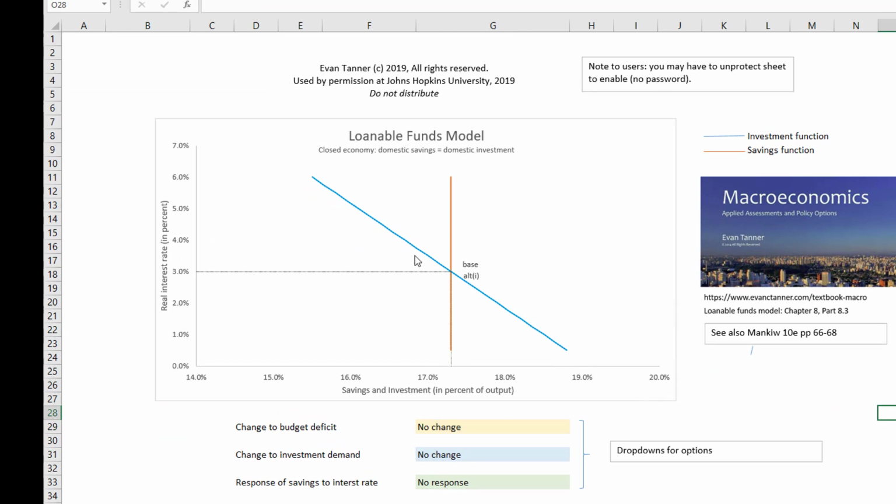But here we have an animation of the loanable funds model. In this main graph, the downward sloping blue line is the investment function. We have the interest rate on the vertical axis, and savings and investment in percent of GDP on the horizontal axis. This downward sloping line tells us that when the interest rate rises, that reduces the number of positive net present value projects, it increases the cost of capital, and firms will accordingly cut back their planned capital expenditures.